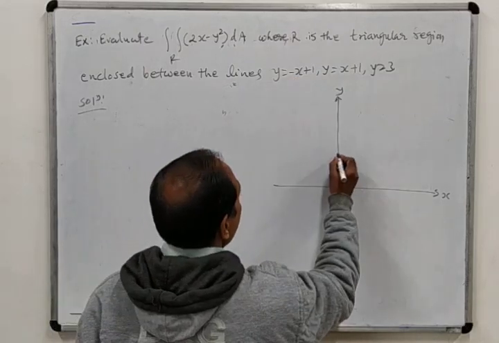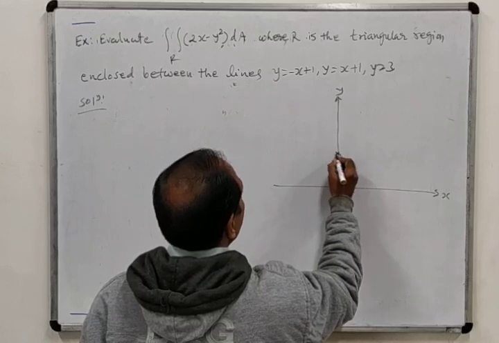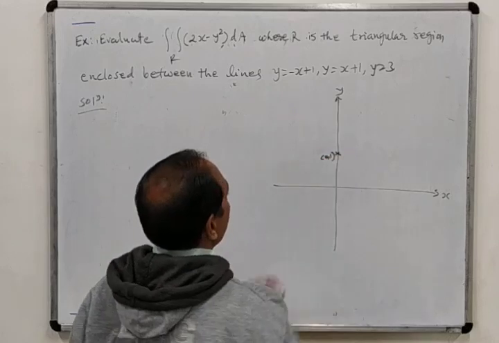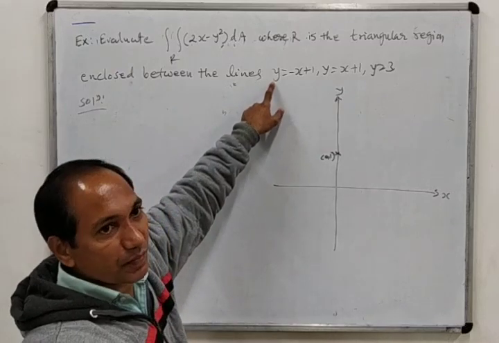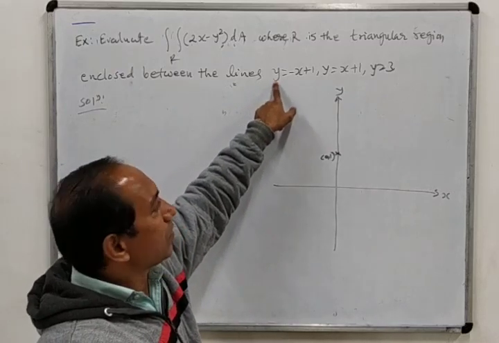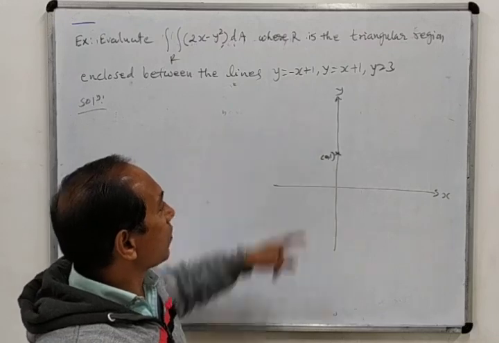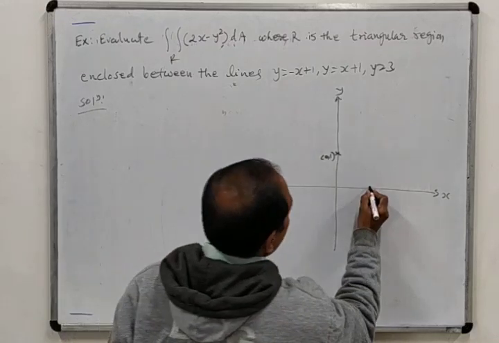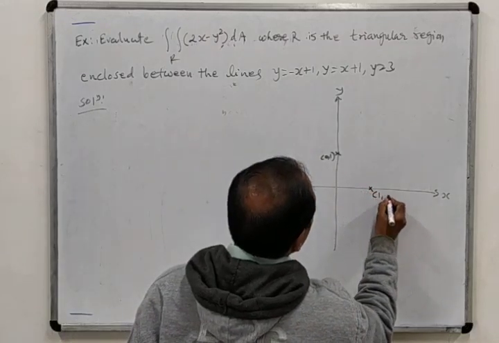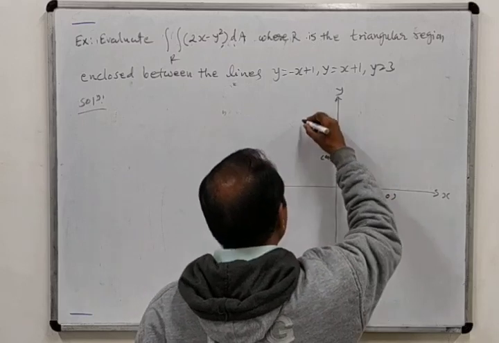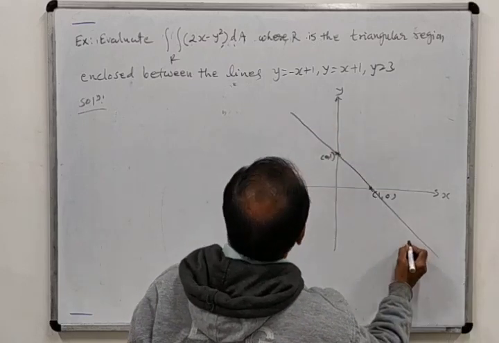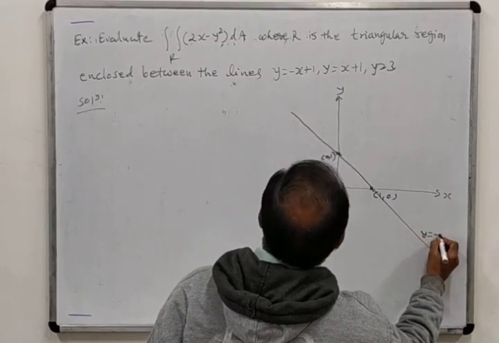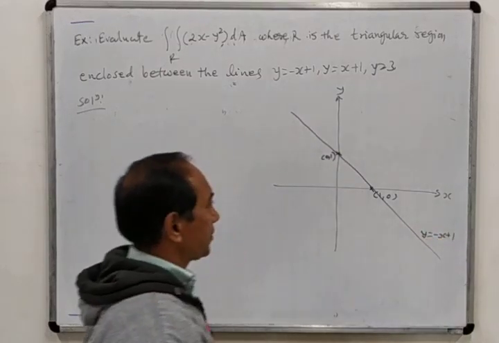That means 0 comma 1 is a point. Then if we put y equal to 0, we get x equal to 1. So 1 comma 0 is another point. If we join these 2 points, we get this straight line, and here you write its name, y equal to minus x plus 1.